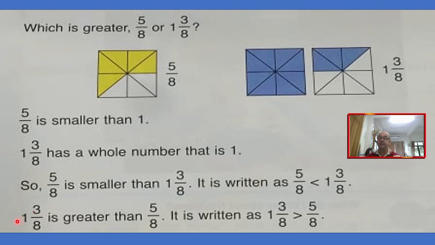Or we could write it as 1 and 3 over 8 is greater. Greater is bigger than 5 over 8. And with the maths we write it as 1 and 3 over 8 greater than 5 over 8.